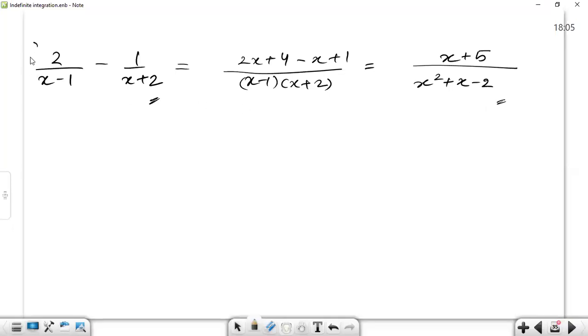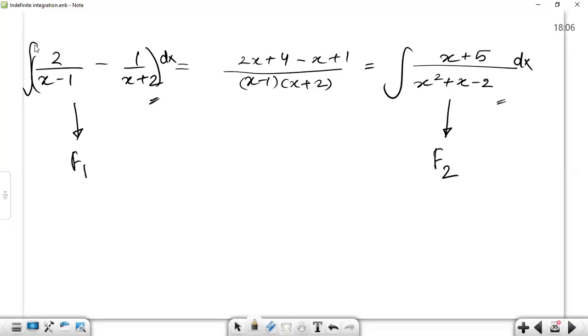If we integrate these two, which would be easier and more convenient for us, the first form or the second form? Actually, the first form.